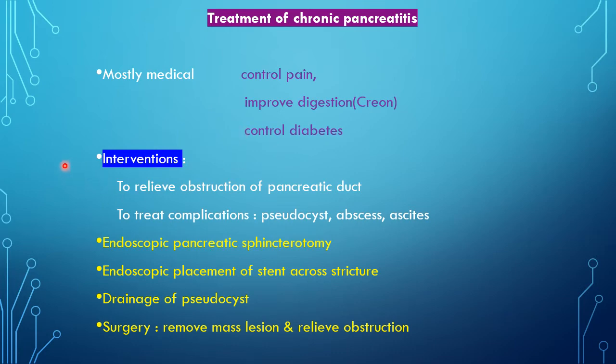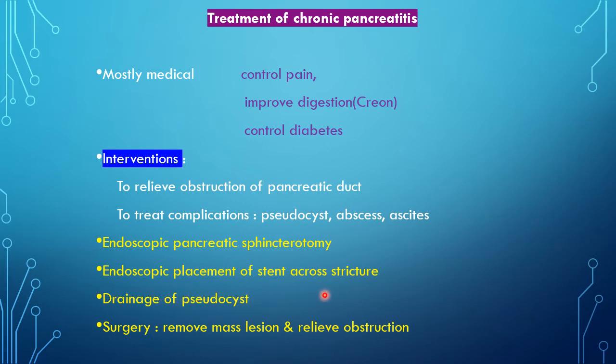Then there can be some surgical interventions to relieve the pain, such as to relieve the obstruction of the pancreatic duct, and also to treat the pseudocysts, abscess, ascites, whatever accumulates in the pancreas, to drain them off. There can be a number of procedures that can be done. Endoscopic pancreatic sphincterectomy, to relieve the obstruction of the pancreatic duct. Endoscopic placement of stent across the pancreatic strictures.